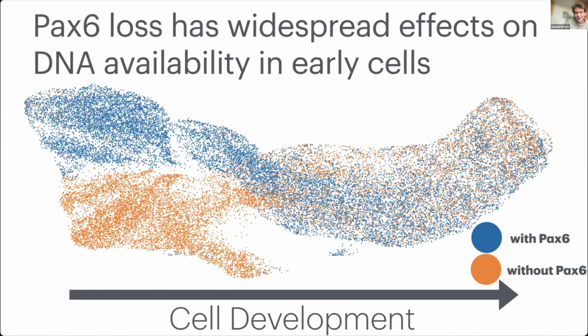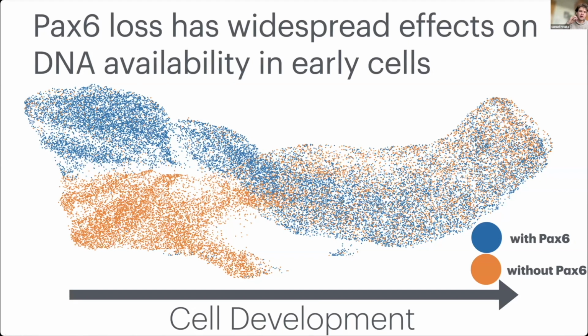This is my data I decided to share with you guys today. This is a UMAP, and this is the same plot that Calvin showed you earlier. Each dot on this UMAP represents one cell in our data set.